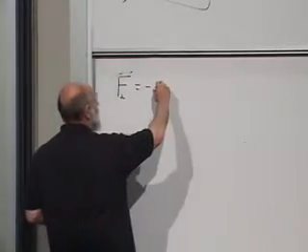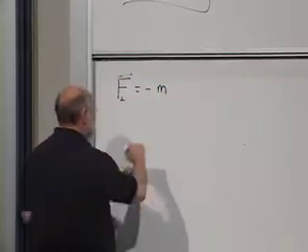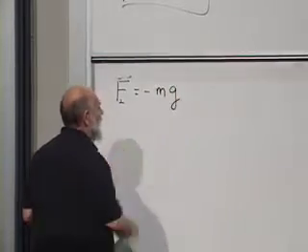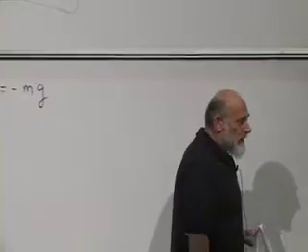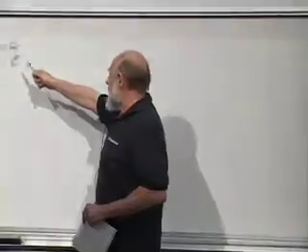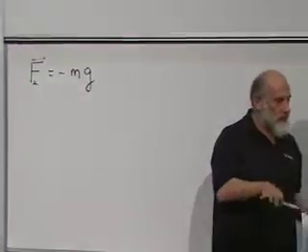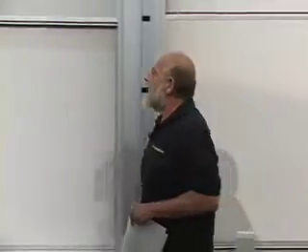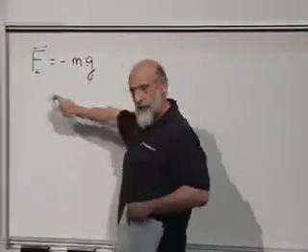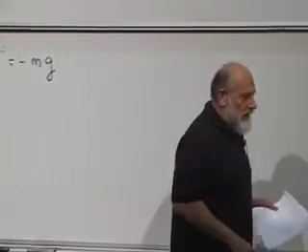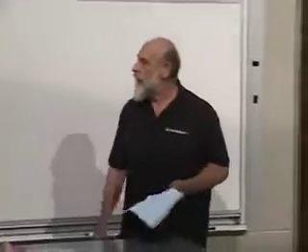And it's proportional to the mass of the object times a constant called the gravitational acceleration. Now, the fact that it's constant everywhere, in other words, mass times g doesn't vary from place to place, is this fact that gravity doesn't depend on where you are in the flat space approximation. But the fact that the force is proportional to the mass of an object, that is not obvious. In fact, for most forces, it's not true. For electric forces, the force is proportional to the electric charge, not to the mass.